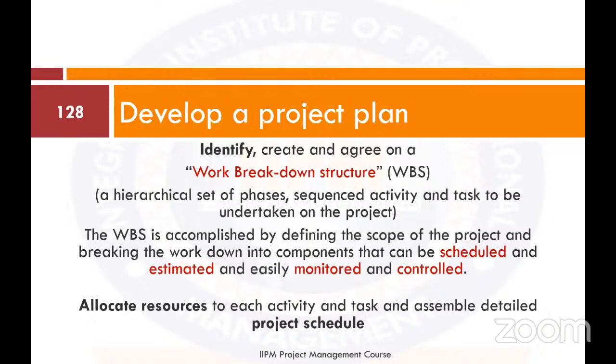Also, allocate resources to each activity and task, and assemble a detailed project schedule. So if you look at what we have here on project plan, if we go back to that assignment we did, we'll find that it's just a typical example of a project plan.